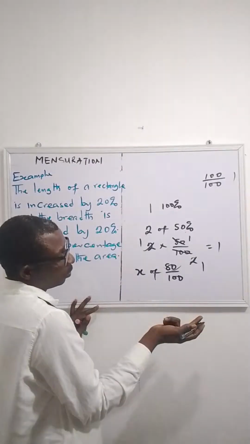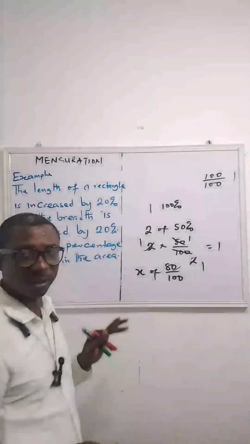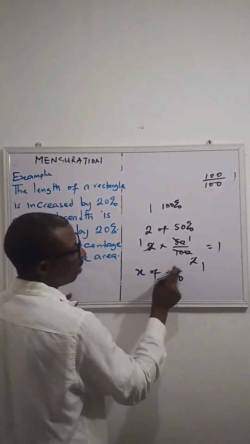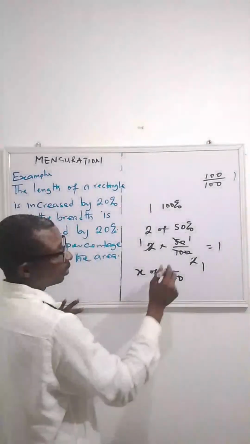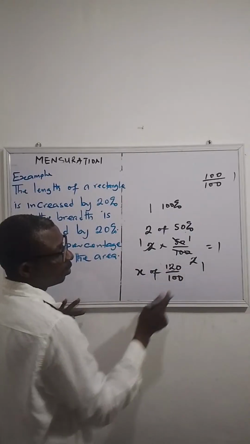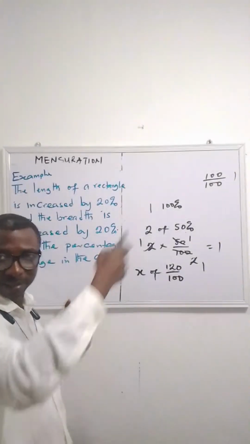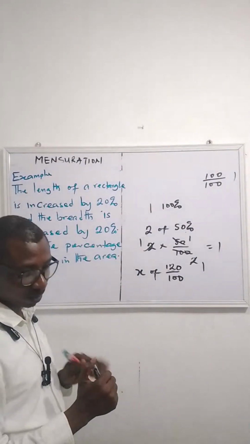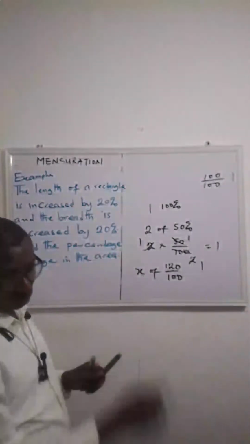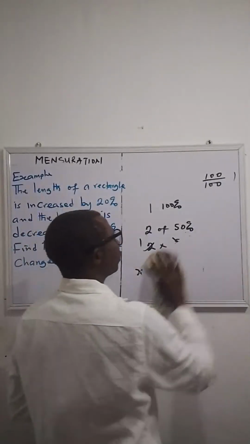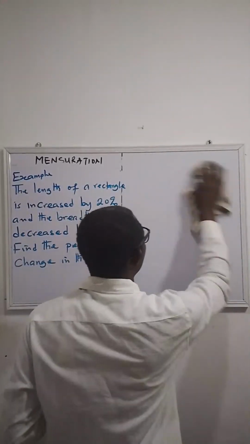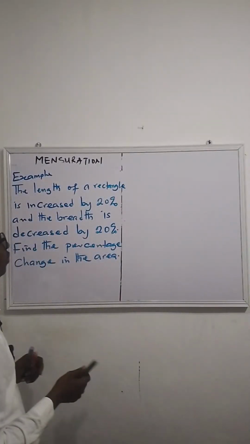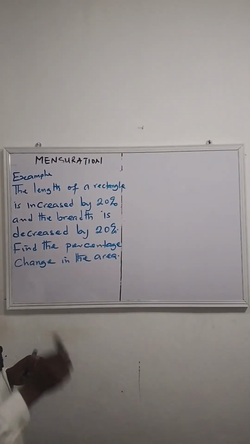Also, if I say it is increased by 20%, instead of having 100, that's going to be 120 over 100, because I've increased it by 20. I hope you understand that concept. That is what we're going to use to solve this problem. So let's see how to solve this one. Now, the length of a rectangle is increased by 20%.